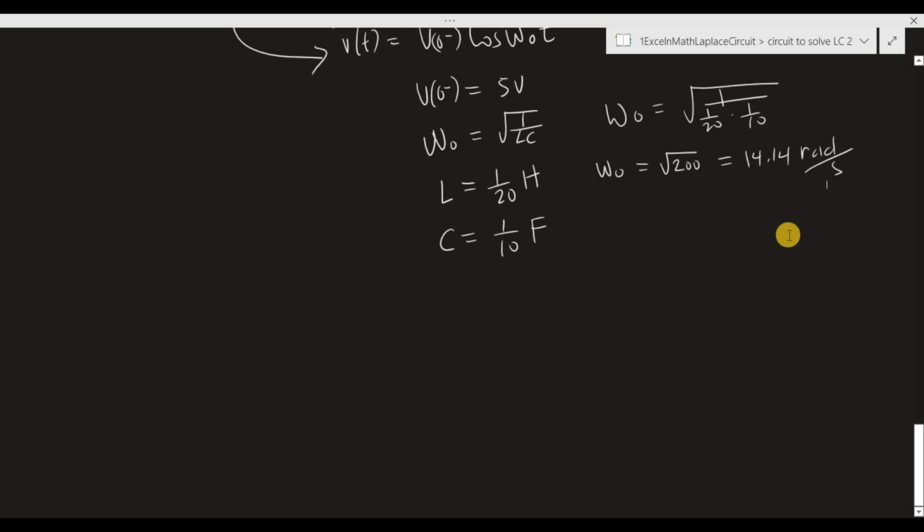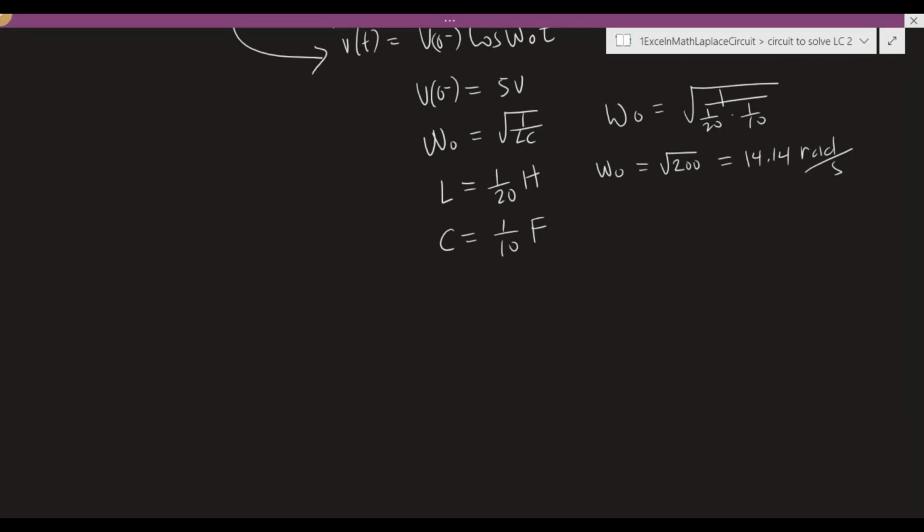Okay, so let's calculate the frequency. Omega naught is equal to 2 pi f, and therefore our f is equal to omega naught over 2 pi, which is the square root of 200 over 2 pi, and we have 2.251 hertz.